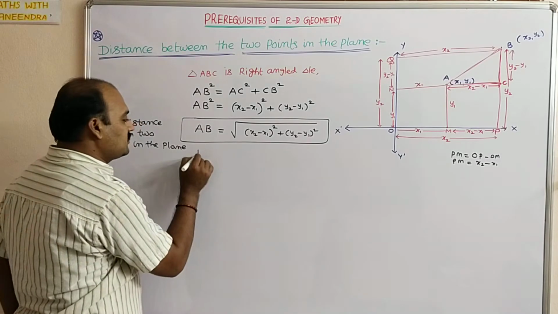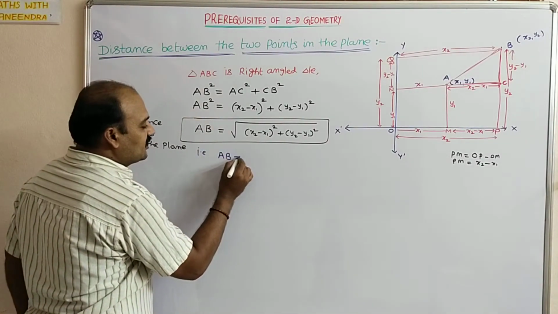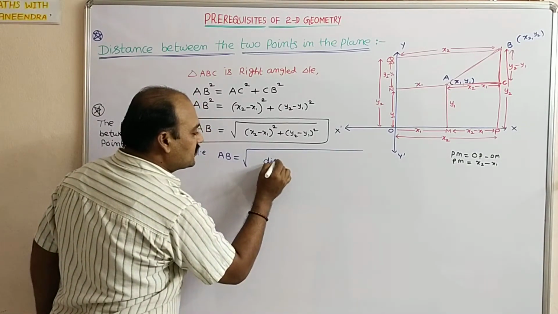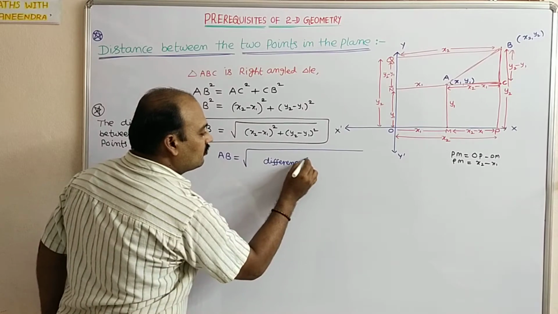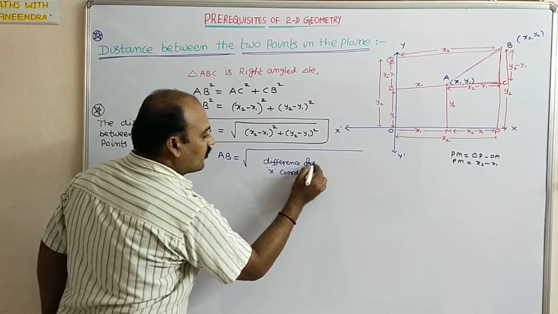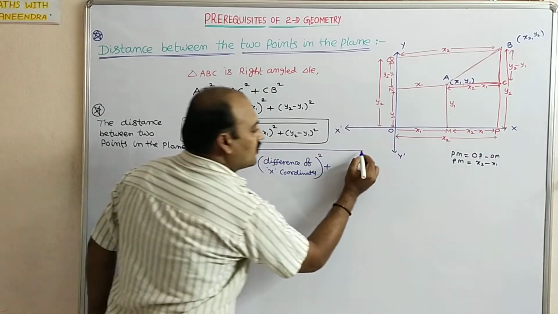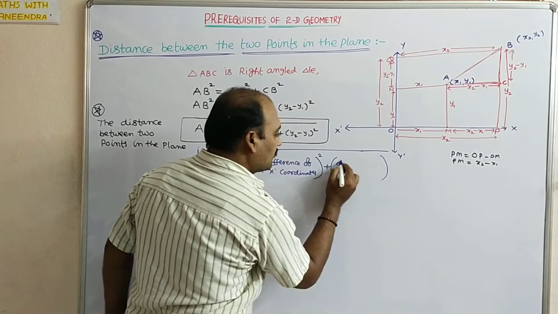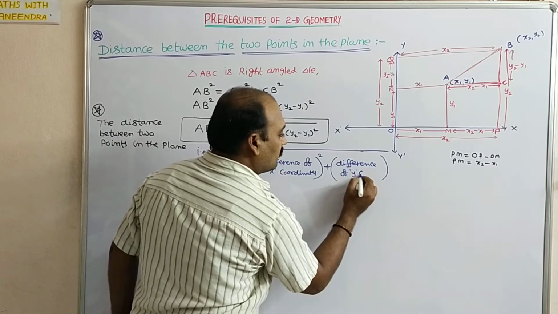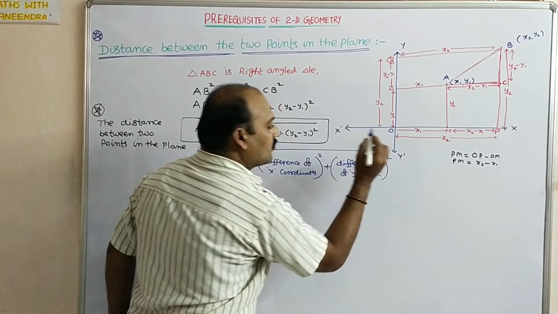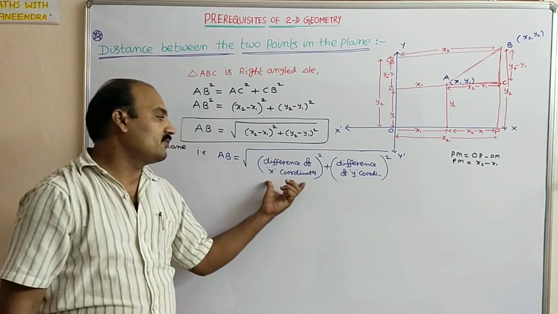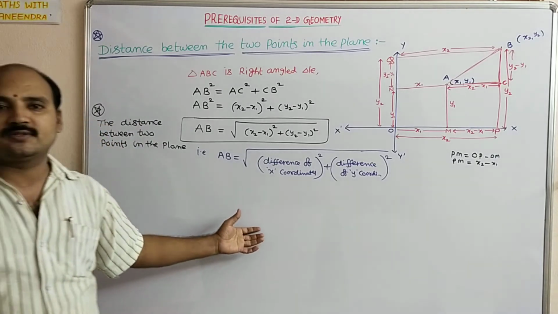AB, the distance between point A and point B, is the square root of the difference of x coordinates whole square plus the difference of y coordinates whole square. We can define it like this also: sum of the squares of the difference of x coordinates and the difference of y coordinates.